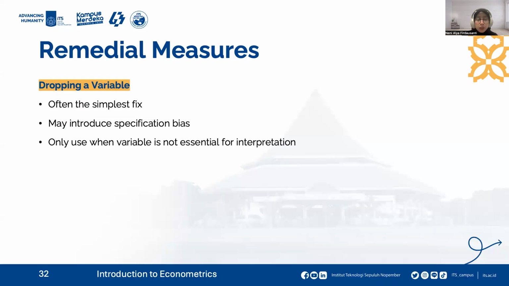So we can use this remedial measure when the variable is not essential for interpretation. We can drop the variable that sounds less important and choose the one that is more important for the model. However, if both variables are actually important to the interpretation, dropping one of them might introduce a specification bias in your model.